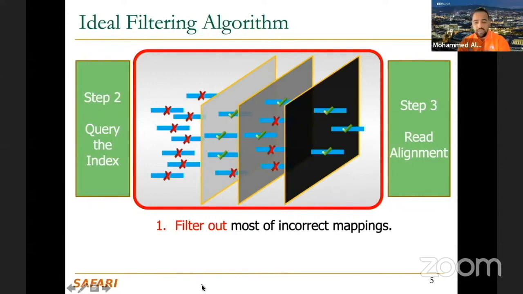Write in the chat box why we filter out most of the incorrect mappings, but not all of them. Let's wait a bit until we get some answers in the Zoom chat or YouTube.